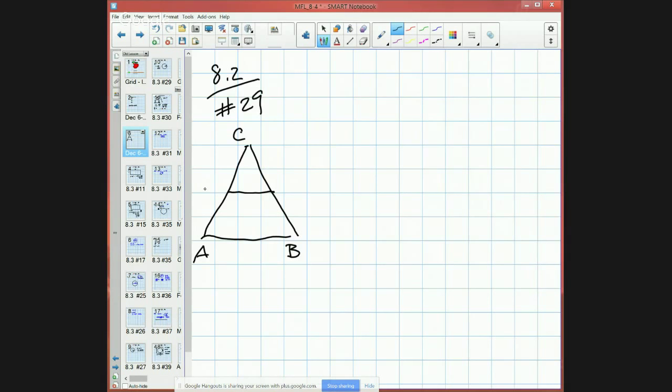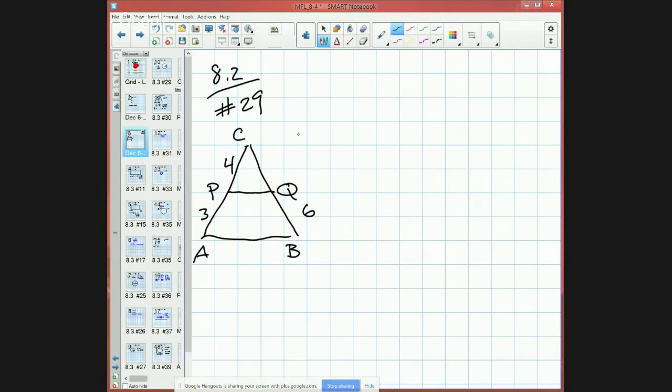This is PQ. On number 29, we're given AP is 3, PC is 4, BQ is 6, and you're supposed to find BC.